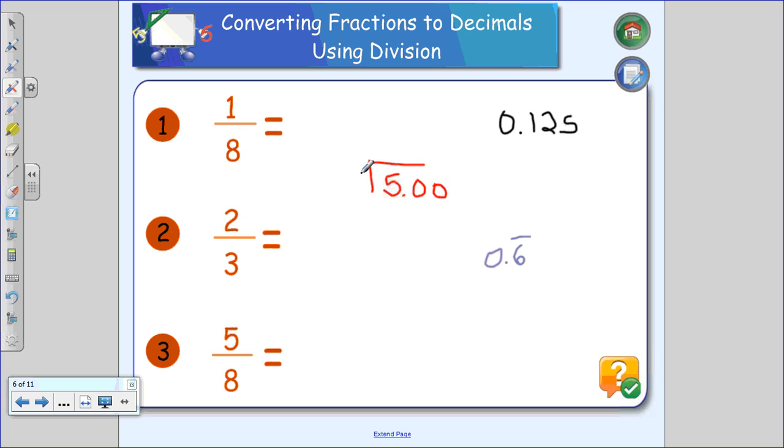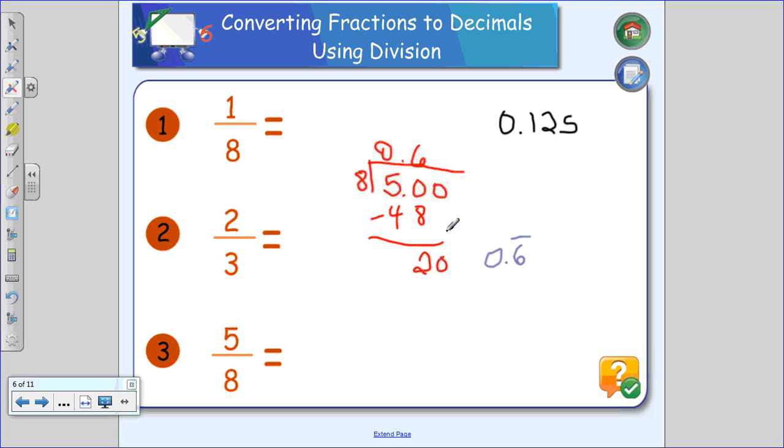Put my decimal point. 8 goes into 5, none. Then we're going to go to the 50. So 8 into 50 goes 6 times. That's 48. 50 minus 48 is, of course, 2. Bring down the 0. 8 into 20 goes twice.